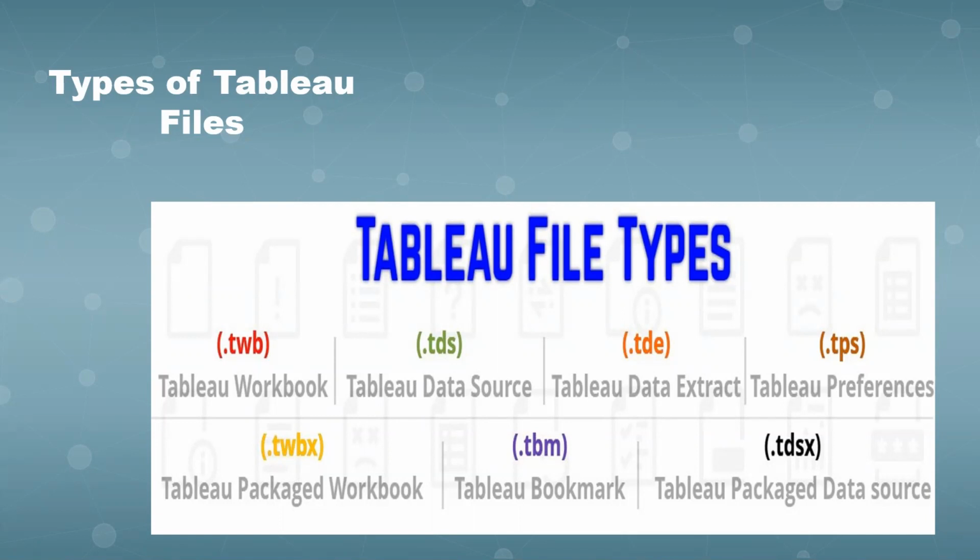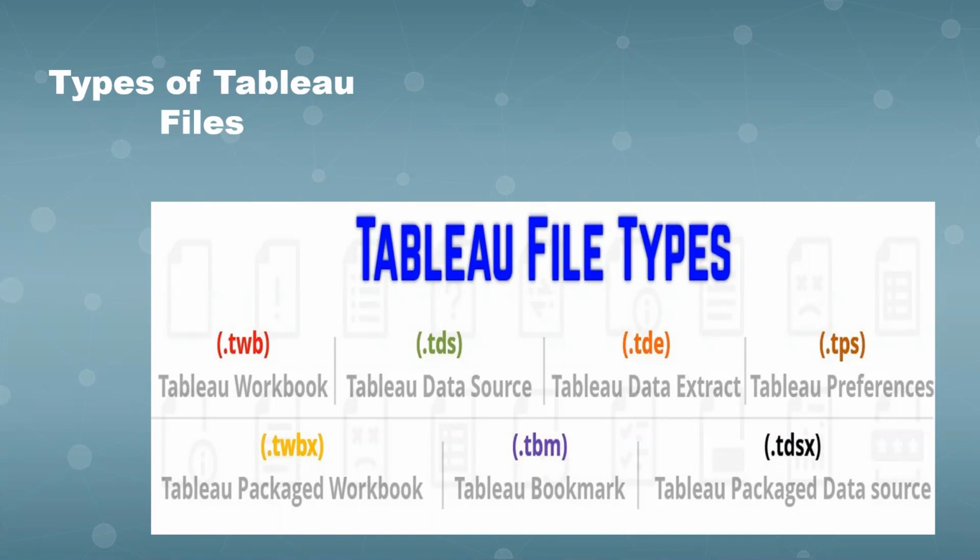When you save in Tableau Public, it does not get saved on your personal desktop. It gets saved on the public forum. So these file types are for Tableau Desktop.